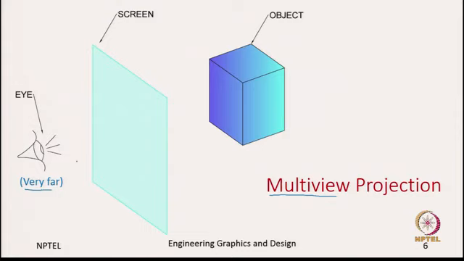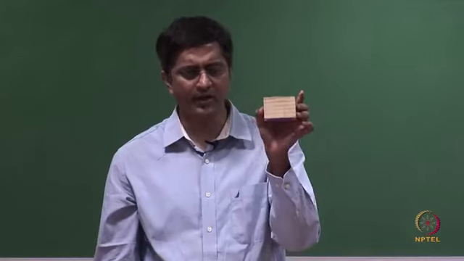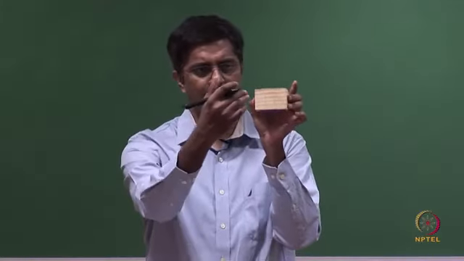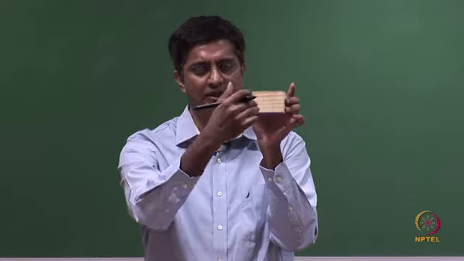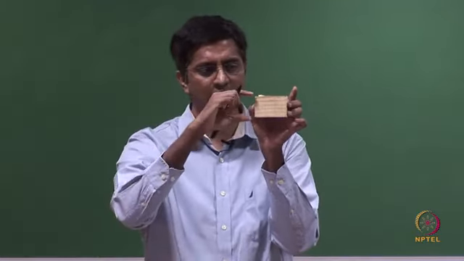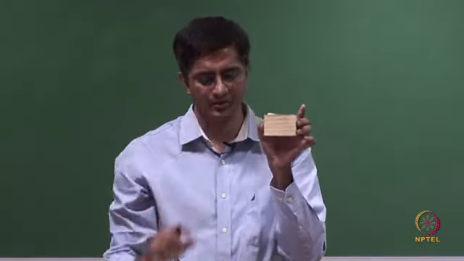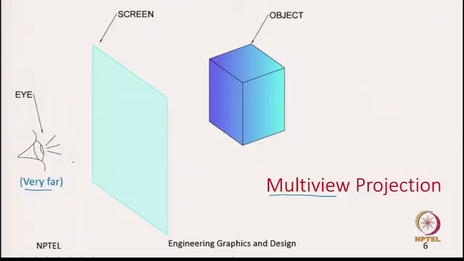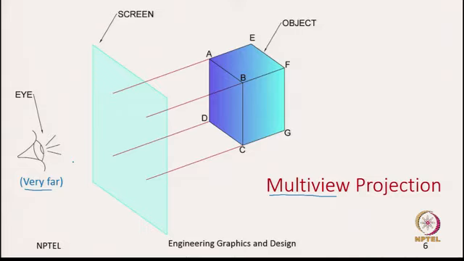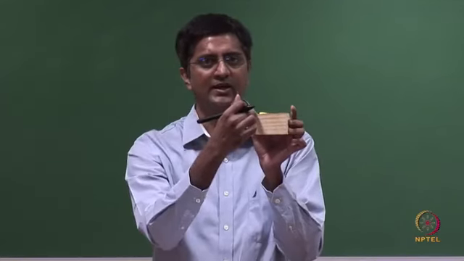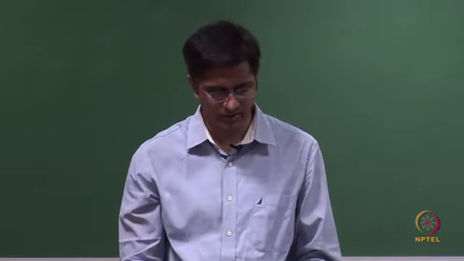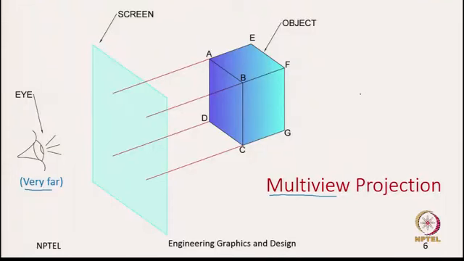So, now let us see again the same cube, you are looking from the front, and now since the distance is very far, we are saying that the projectors are all parallel. So, how does it intersect with the projection plane? These projectors intersect at an angle of 90 degrees. So, let us say the same thing if you are looking from the top, here is your eye from where you are looking, and we said it is very far.